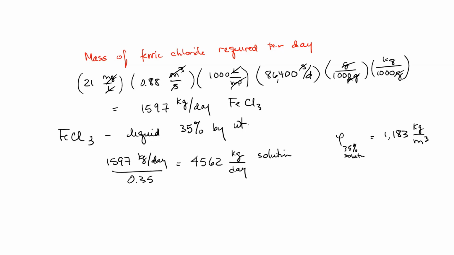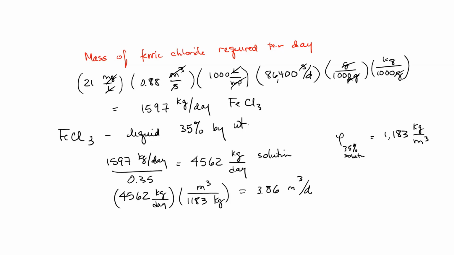So in order to determine the volume that we would be purchasing, we need to divide by the density, and that is equal to almost 4 cubic meters per day of solution. And just to give you a sense, that is roughly about 1,000 gallons per day of ferric chloride solution that we would be purchasing.